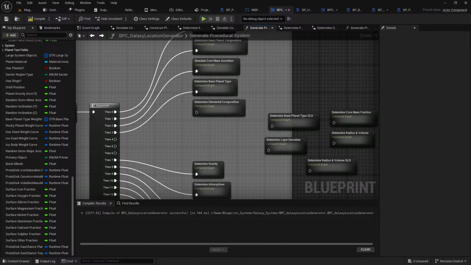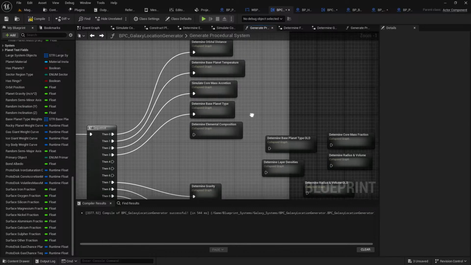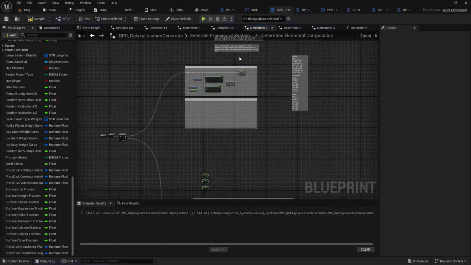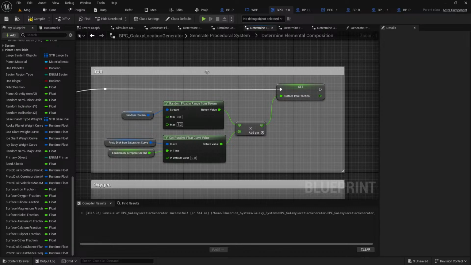So, let me just find where it was. Yeah, so now that we know what planet type we're dealing with, we can bring that into play. So we need to determine what our surface iron fraction is.